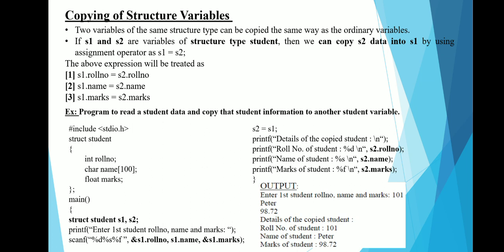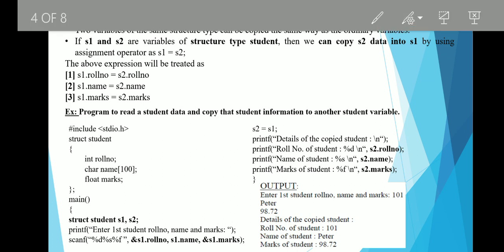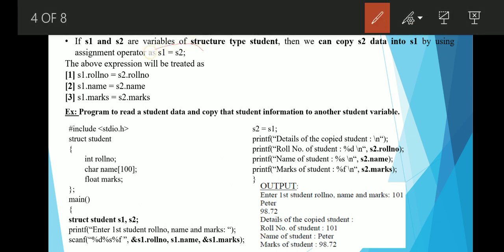In the same way, I can also copy the value of one structure variable to the other structure variable, again using the assignment operator. So if I want to copy the content of S2, which is a structure variable, to S1, then I will say S1 is equal to S2.